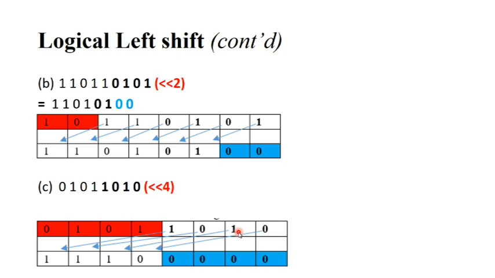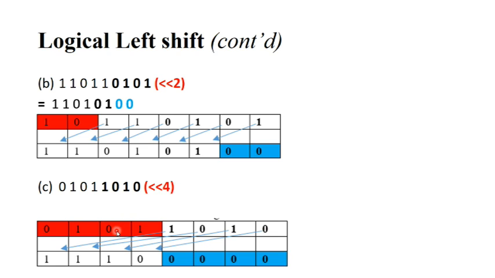We move the 1 4 times, 1 2 3 4 times, and this 1 now lands here. Now you do the same until you arrive here. When we get here, I'll move this bit 1 2 3 4 times and I land here. Now let's see what happens if I try to move this one 4 times.